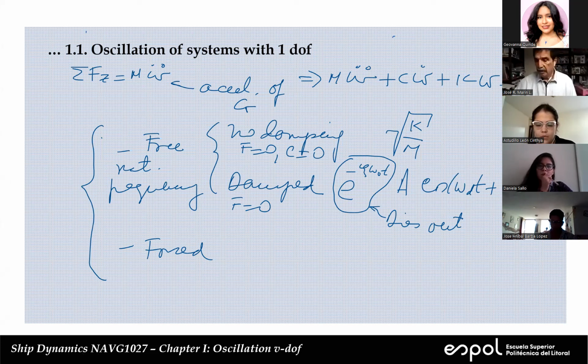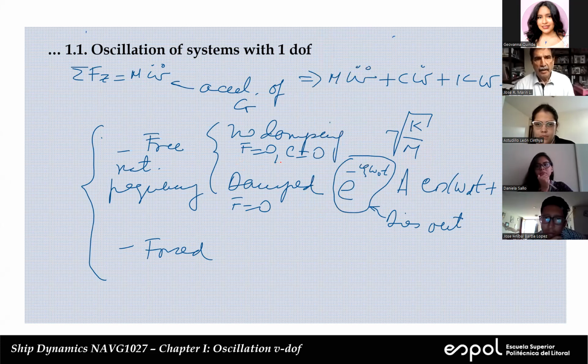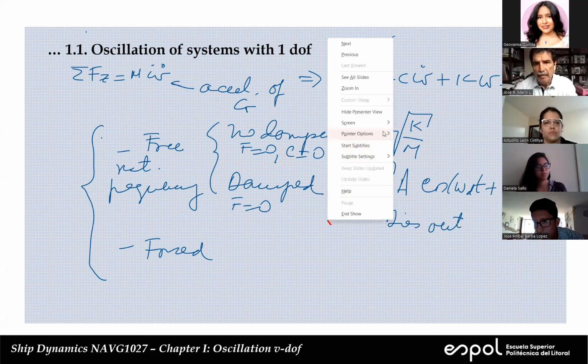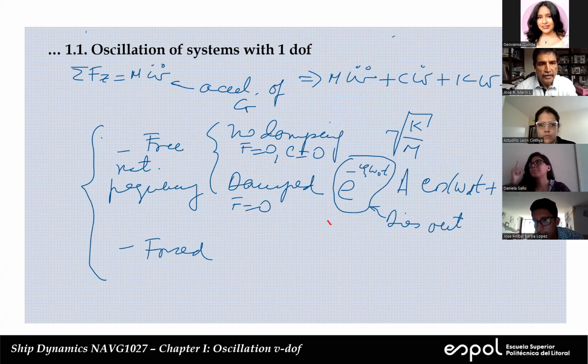So this is what we mentioned on Tuesday. We have oscillations. We have this long equation, and we could differentiate two types of problems: free oscillation or forced oscillation.